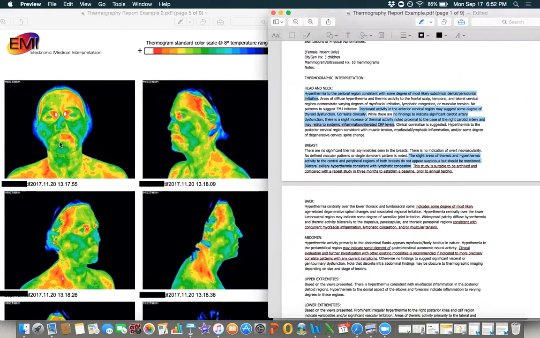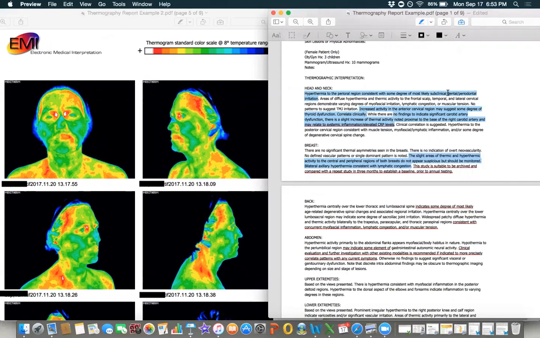When we see this, unless a patient has just had dental work done or knows that they've had some irritation to the gums or teeth, when we see this hyperthermia around the mouth, that is something we want to nip in the bud.